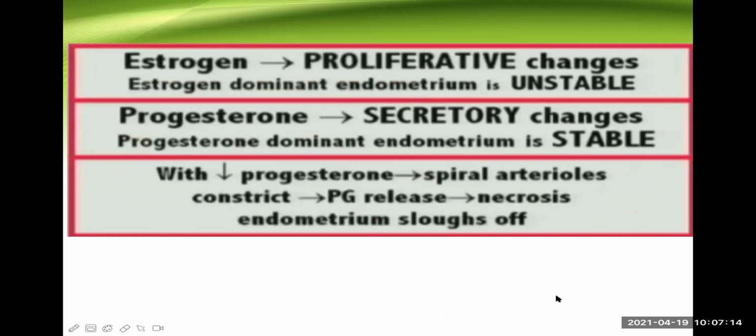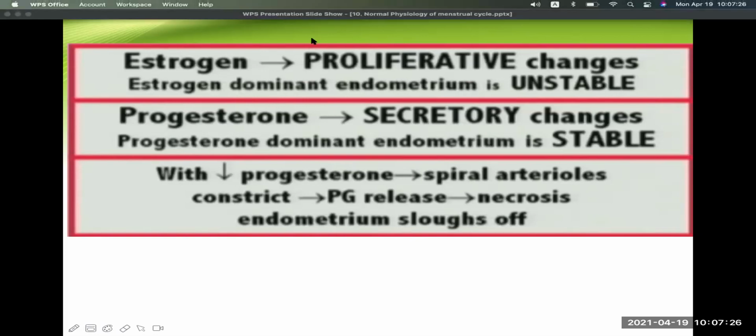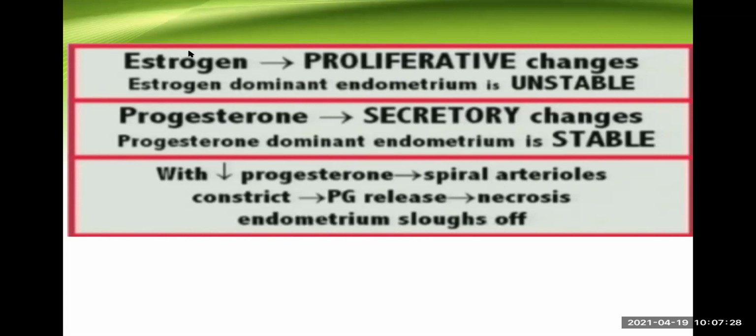Now, why does menstruation occur? What is the exact mechanism which is going on there? See this? With decrease in progesterone, the spiral arterioles will constrict. The spiral arterioles which are present in the endometrium, they will constrict. Now, at the same time, there is release of prostaglandins, especially PGF2 alpha.